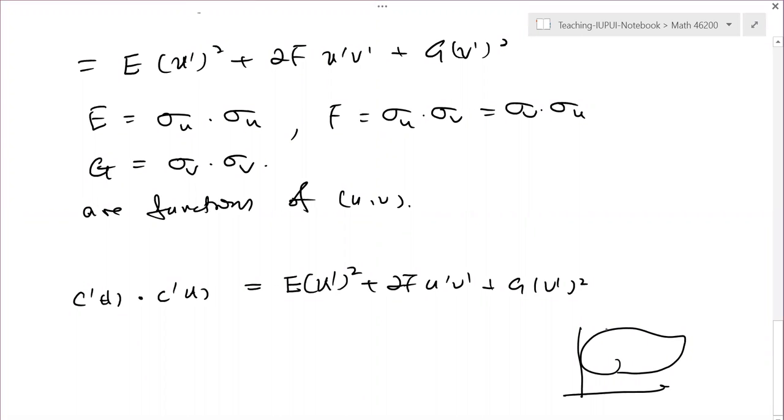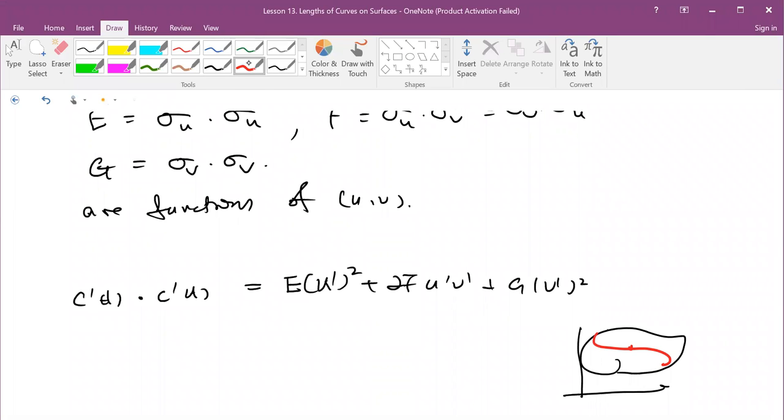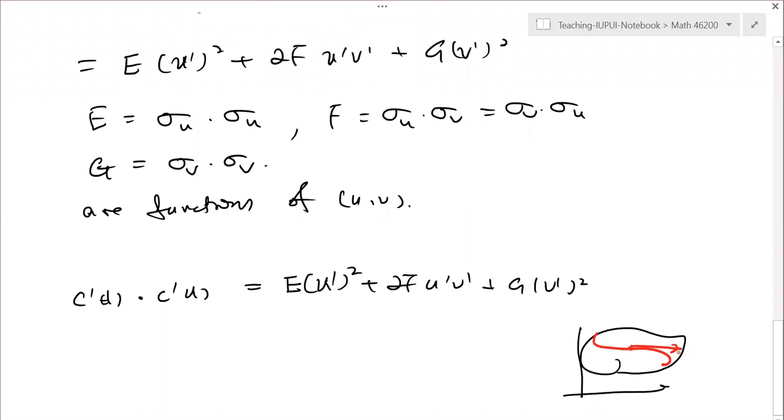It's a curve, remember, in two-dimensional space, the corresponding curve. So what is (u', v')? (u', v') is just the tangent vector in the uv plane.